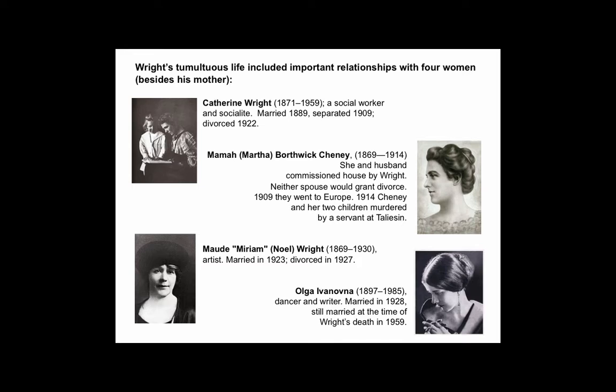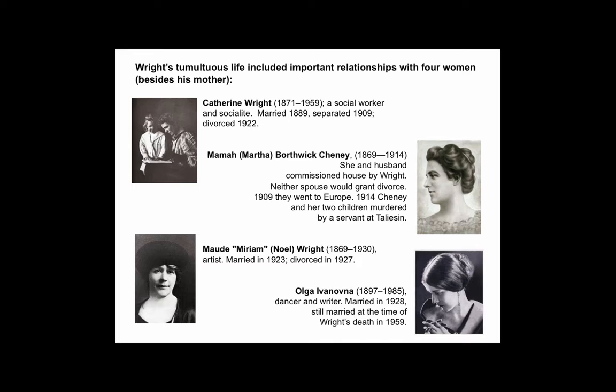Wright's wife would not give him a divorce. Eventually, she gets murdered while he's in Chicago by a berserk servant, and he marries Maud Noel, who is mentally unbalanced.